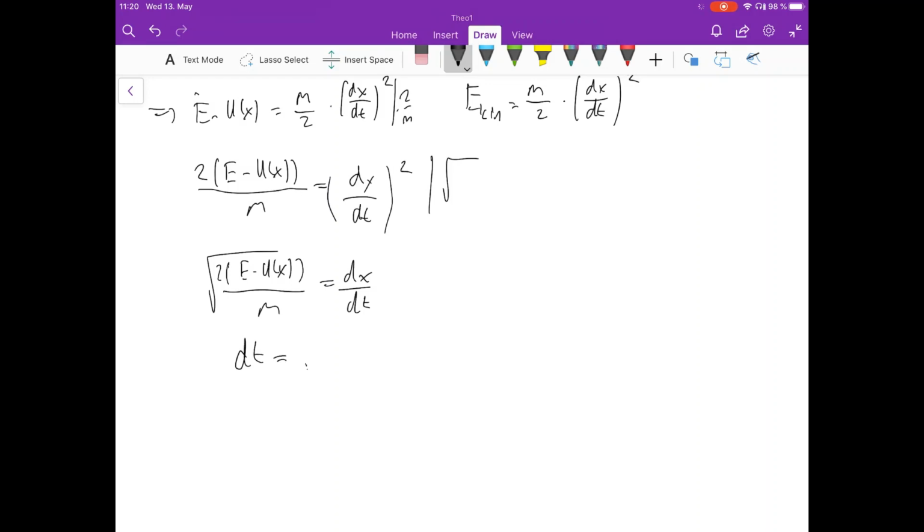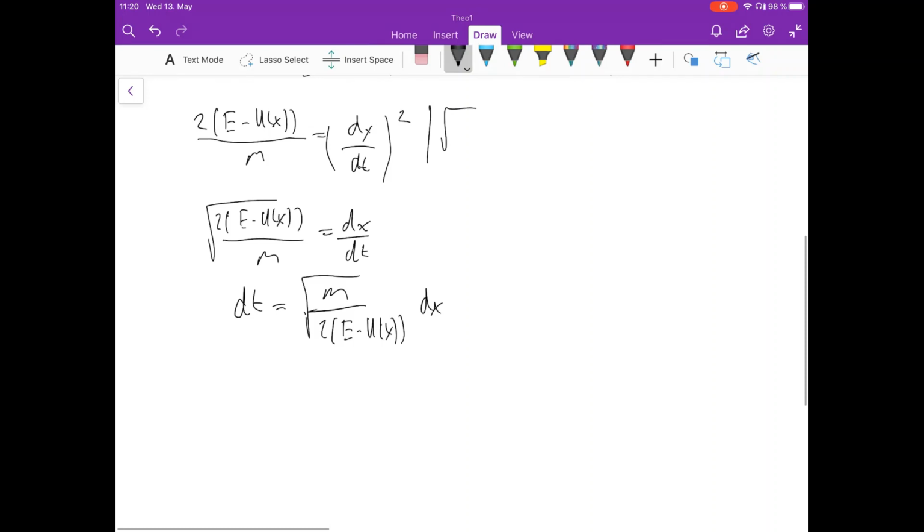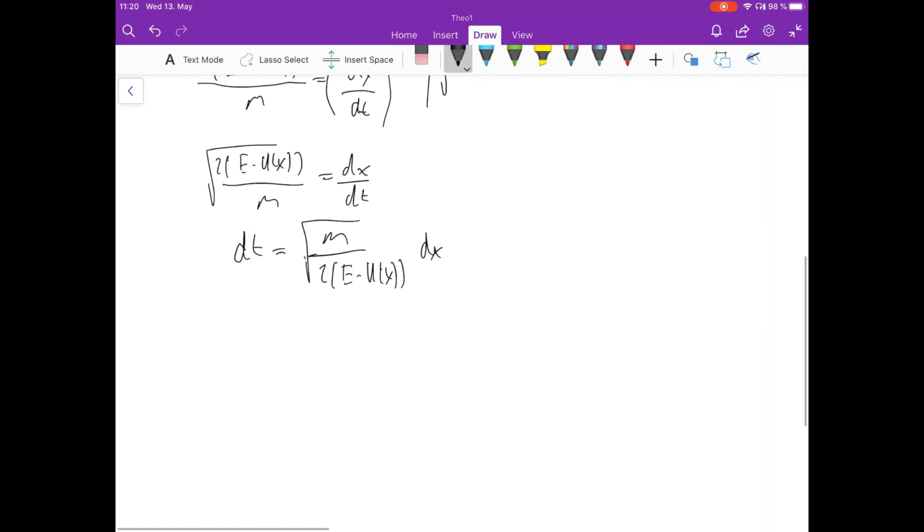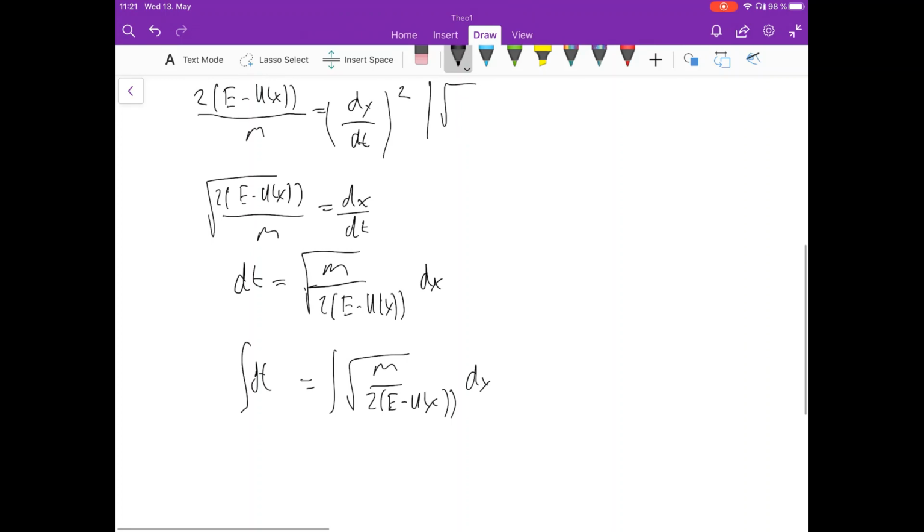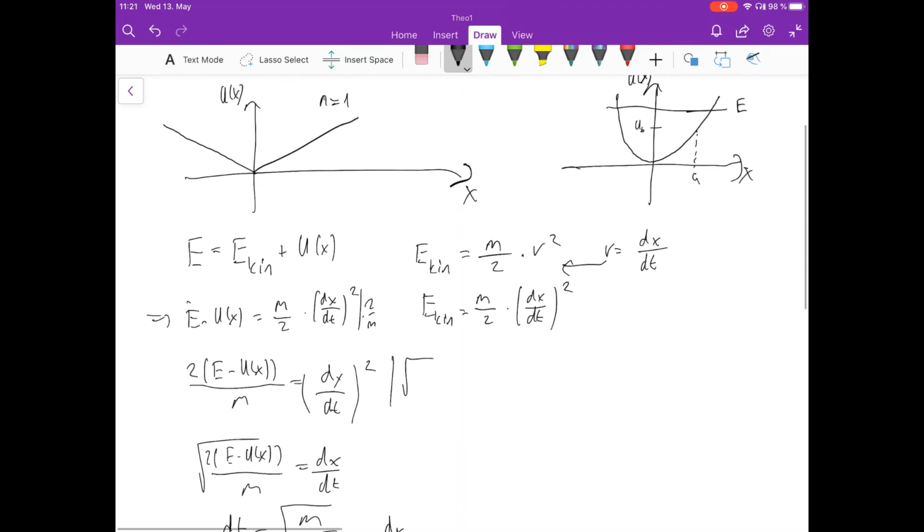But first of all, dt is going to be equal to the square root of m divided by 2 times (E minus U(x)) dx. So let's stop at this point, and actually let's integrate first. dt is going to be equal to the integral of the square root of m over 2(E minus U(x)) dx.